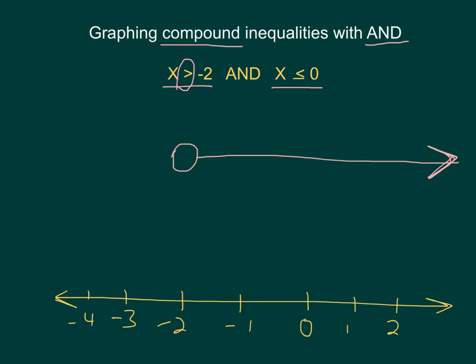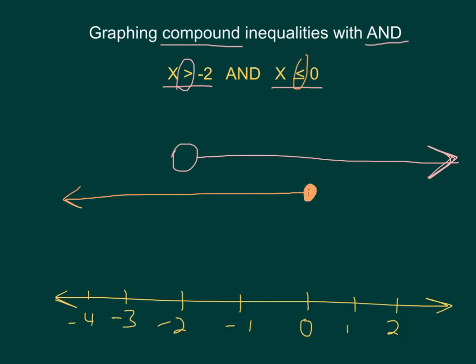Looking at the other side, I have x is less than or equal to 0. So to make that, I draw a filled-in circle on my 0 because it could equal 0. And looking at the shape of that arrow, I know it's going to go downwards, less than.